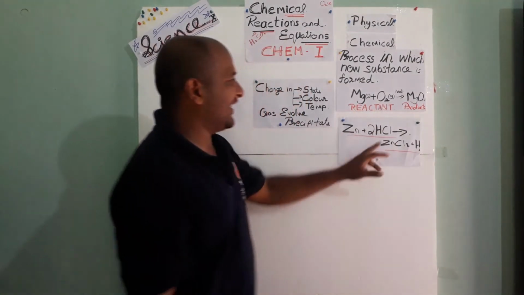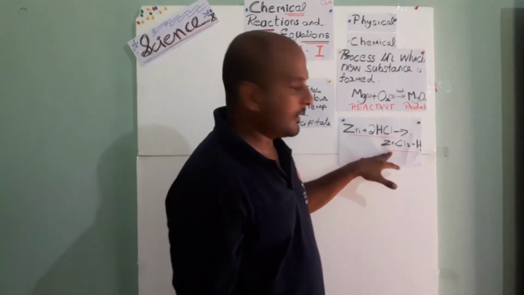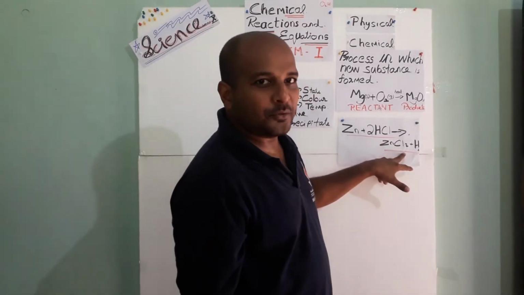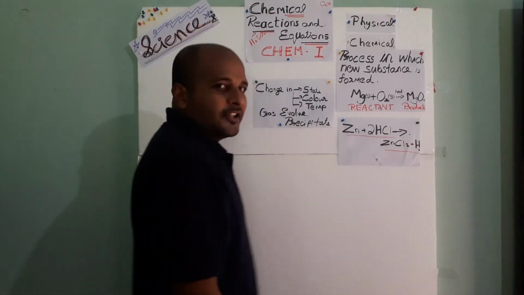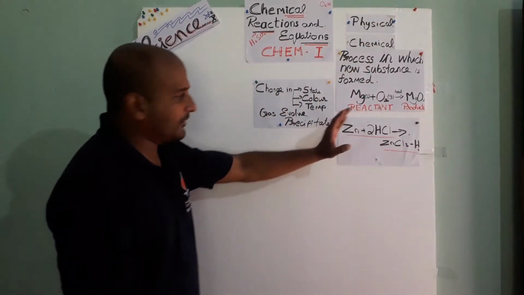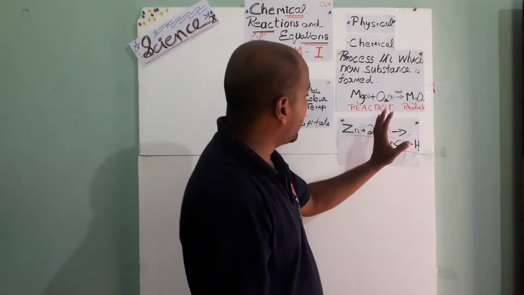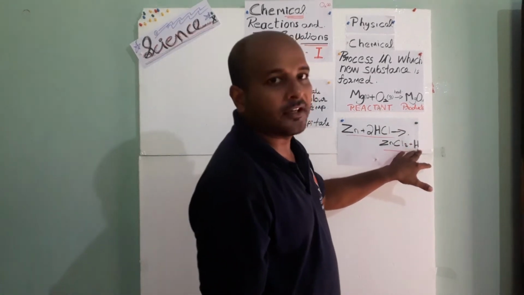Of course it is. HCl. Of course, hydrochloric acid. Zinc chloride, ZnCl2, and H2 or hydrogen gas. So zinc reacts with hydrochloric acid and forms zinc chloride plus hydrogen gas.